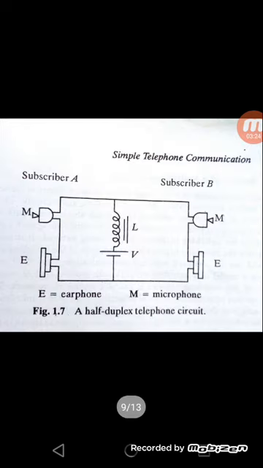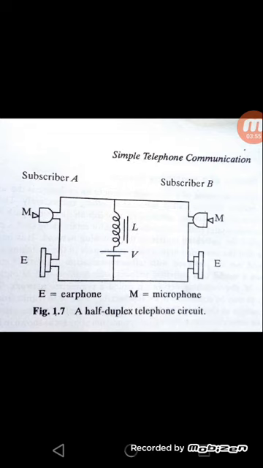But in the second method, half duplex mode, we use two earphones and two microphones. E equals earphone, M equals microphone. Microphones convert voice or speech signals to electrical signals, and earphones convert the information from electrical to voice.